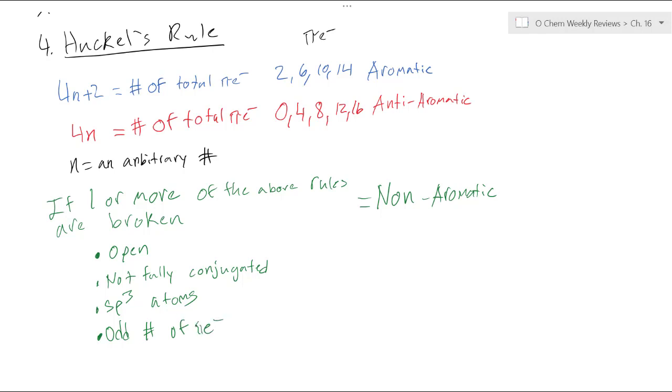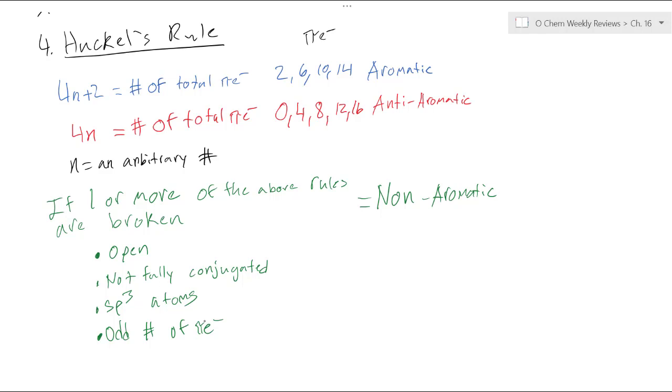Let me clarify that. Pi electrons just means electrons that are found in the pi bond, which typically means that those electrons can resonate across the entire ring. That's why it has to be fully conjugated for us to count pi electrons.